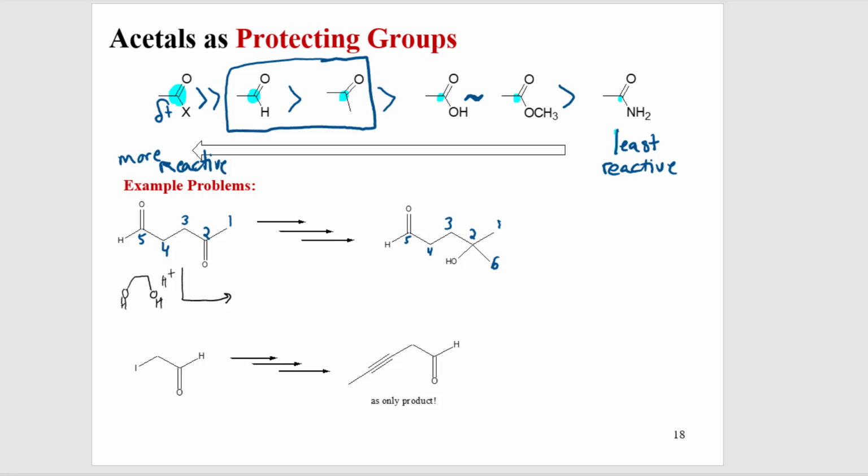I just said that aldehydes are more reactive, so it's going to react with the aldehyde first, thus protecting the aldehyde from further reactions. Then I can employ my methyl lithium, the only carbonyl that it can attack is the ketone now, and then I work it up.